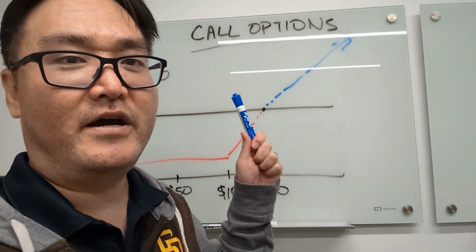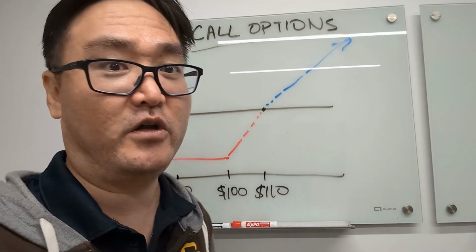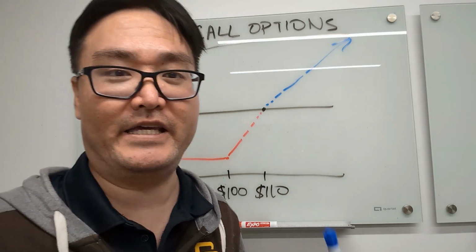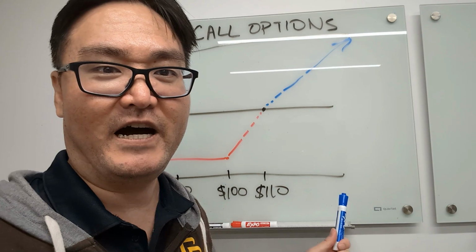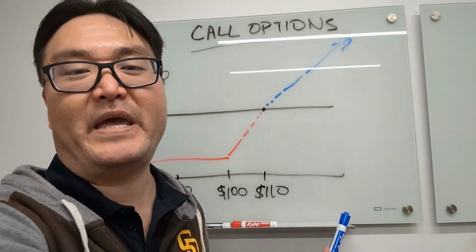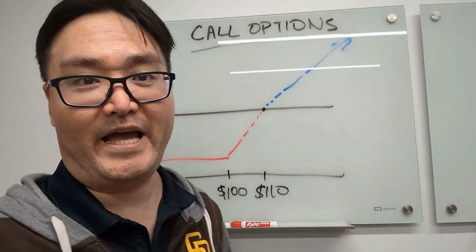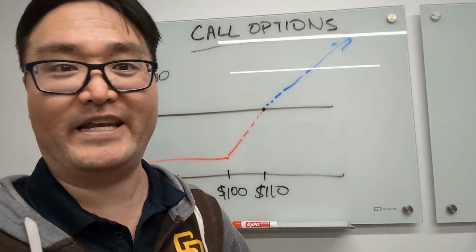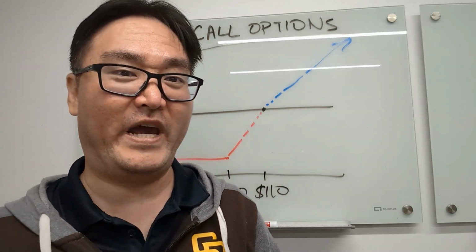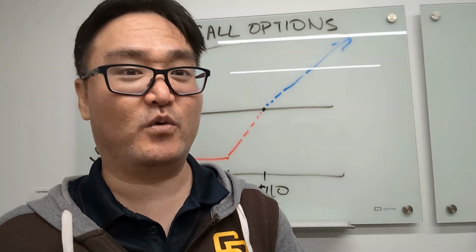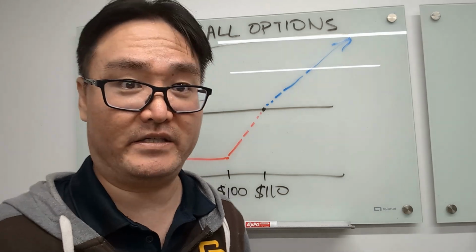The entire principal that you put into buying the $100 call option is, to you, worthless, because you paid a $10 premium, bringing the break-even price to 110. So if the stock only goes up to 109, still worthless. And so it becomes an all-or-nothing type of wager that can be very, very risky, and a lot of people don't like that risk.